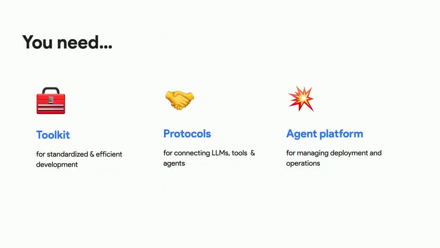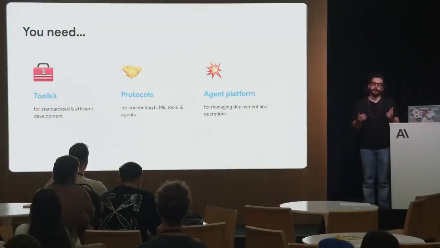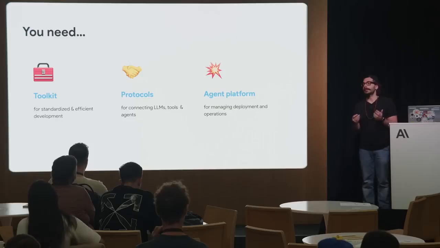And that's when you want to get access to a toolkit, protocols, and an agent platform that at the end allows you to standardize the way you build your agents and scale them to production. And to give you this kind of tool, we put together this agentic stack using ADK, MCP, Agent Engine, and A2A. That will essentially allow you to confidently build agentic systems and scale them in production as required.